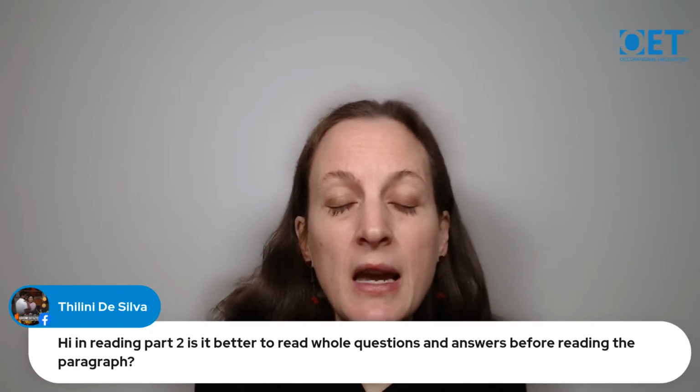Or the other strategy is to cover up the answer options with your hand so that you can't see them, and just read the question and look at the text to try and find the answer to the question yourself. That will work most effectively if you pay very close attention to the question, really understand what the question is asking for you.